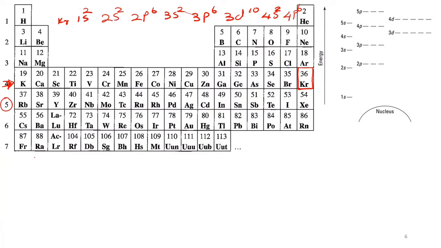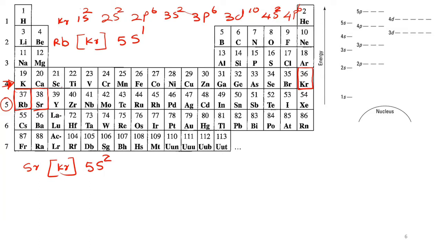And if you're writing the electron configuration for rubidium, you're going to have a krypton core and you will have 5s1. Writing it for strontium, you will have krypton core and 5s2.